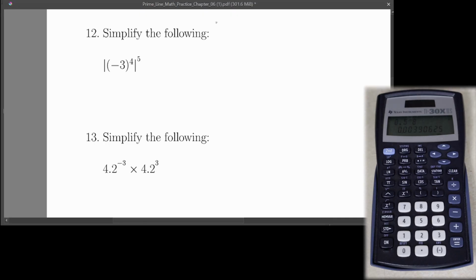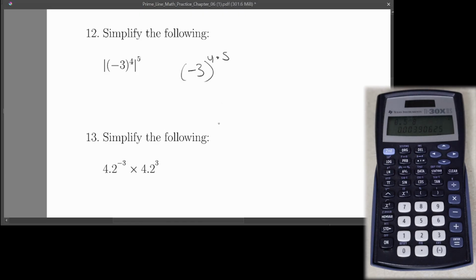Okay, in this problem, we've got a power and a power, and if you have a value to a power, you will multiply those. So we can take that as -3 to the 4th times the 5th.